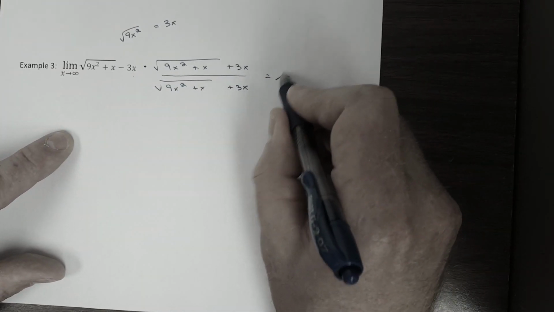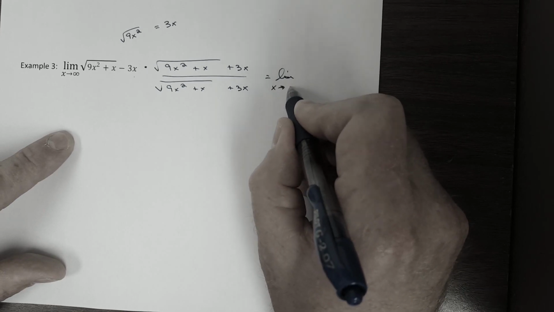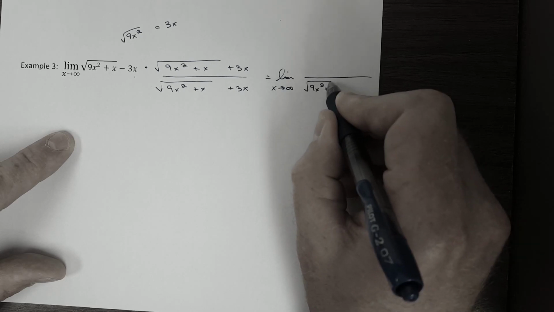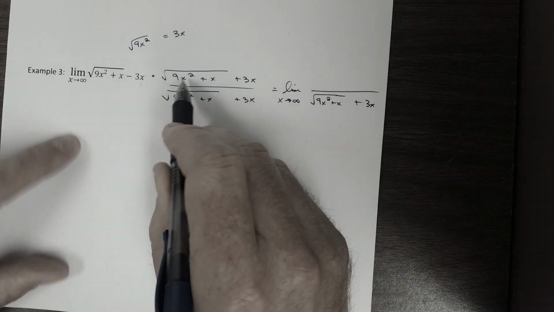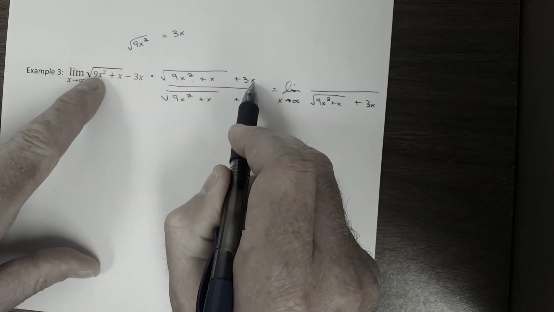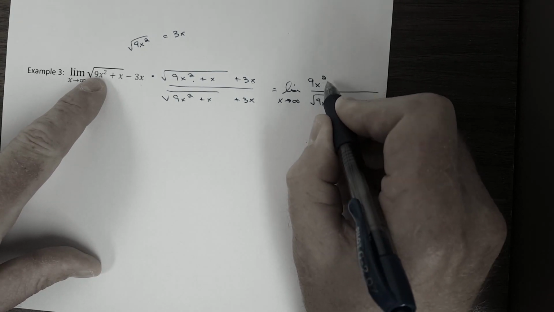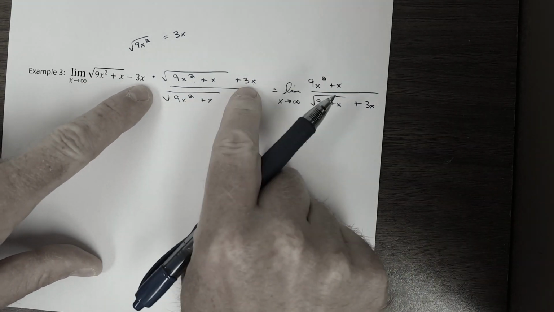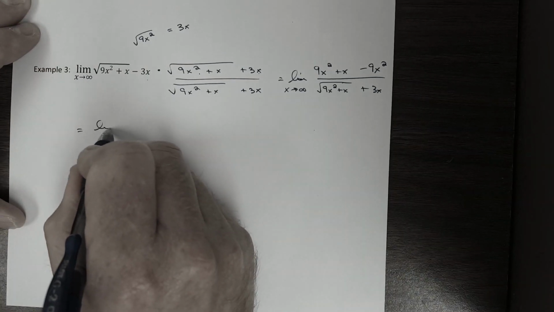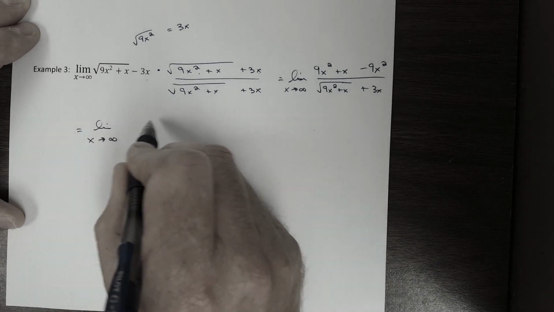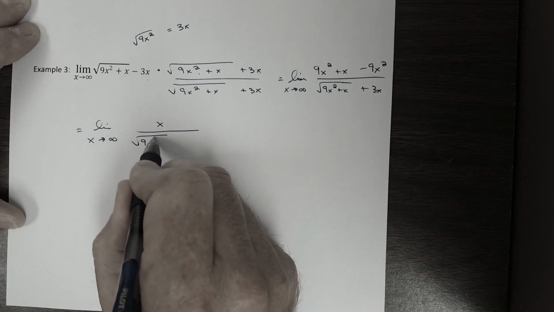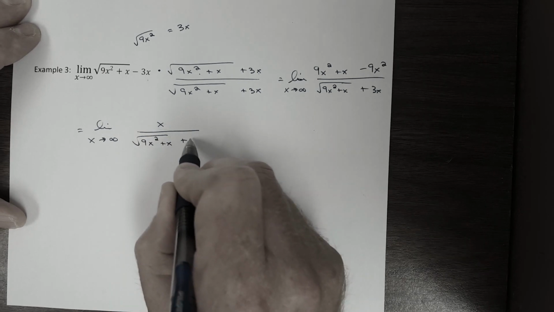I'm going to multiply the conjugates together, let them do their thing, and keep the denominator as is. Multiplying the conjugates, we know that this and this will cancel each other out. So we're only going to have 9x squared plus x minus 9x squared. Simplify that, and we have x in the numerator, and in the denominator we have the square root of 9x squared plus x, plus 3x.